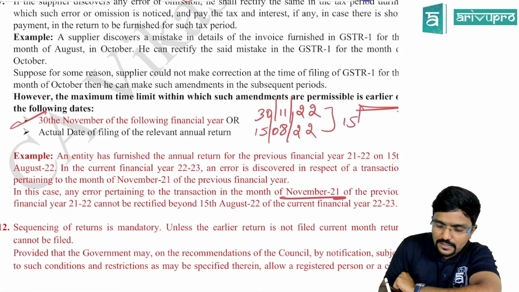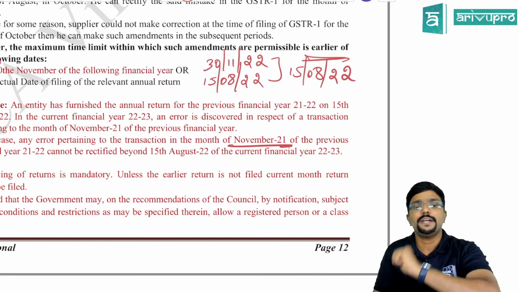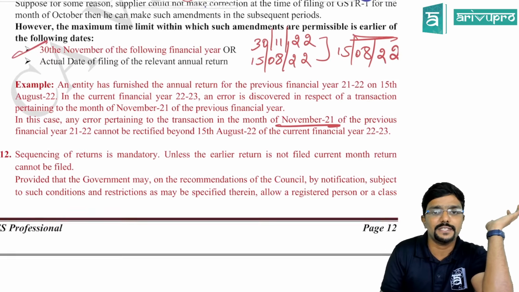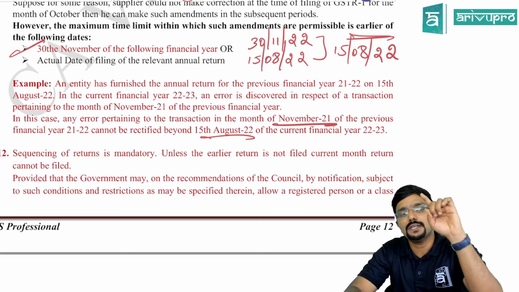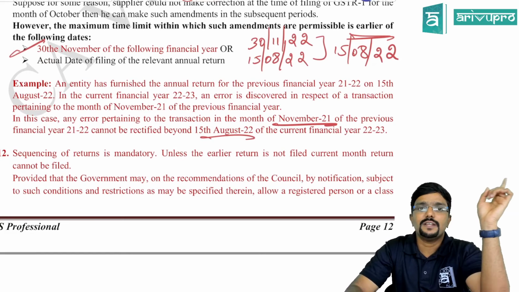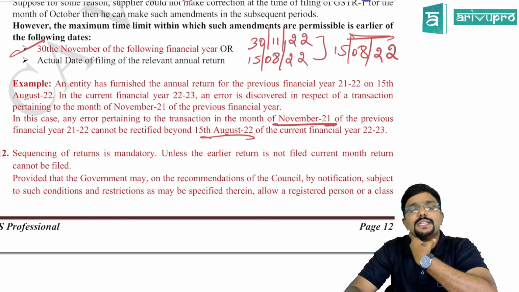So whichever is earlier is which date? 15th August 22. You can latest rectify any error relating to financial year 21-22 by latest what date? 15th August. That is the return which you file for July on or before the 11th of August, you can maximum rectify within that period.